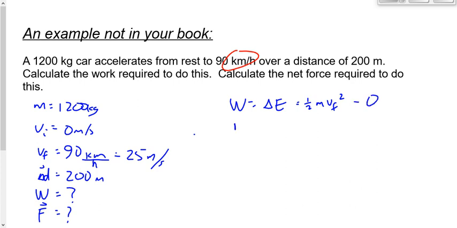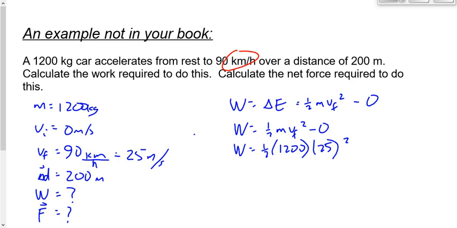So let's say for the work, 1/2 m v_f squared minus 0, which is 1/2 of 1,200 times 25 squared minus 0. We can find work in 2 ways. We can multiply F times D, or stick a theta in there when necessary, F times D times cosine theta, or we can say it's final energy minus initial energy, the work energy theorem, change in energy.